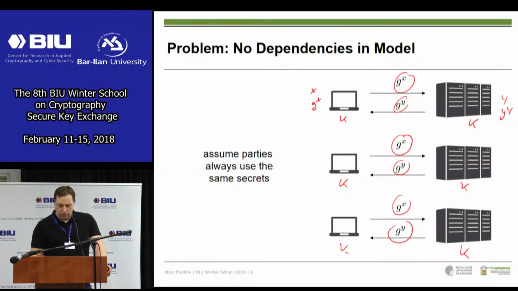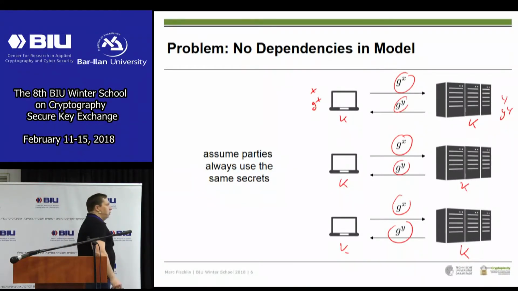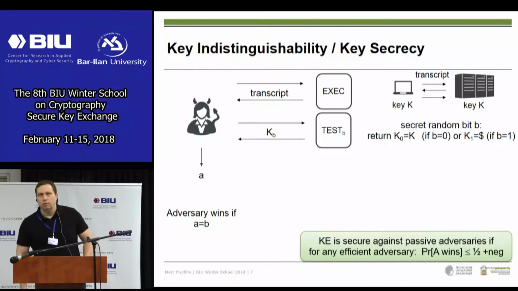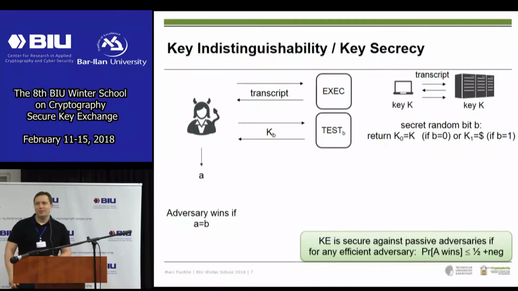And this guy, of course, then g to the y. Is this a good protocol? Why not? Because you'll have the same key. Same key sounds wrong, right? Having the same key all the time, maybe not a good idea.